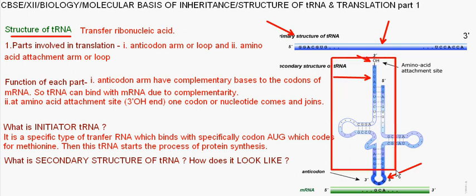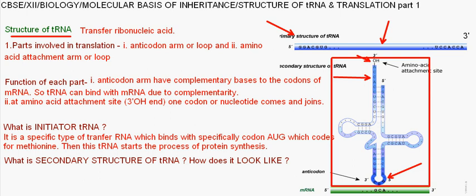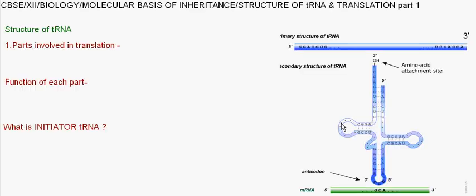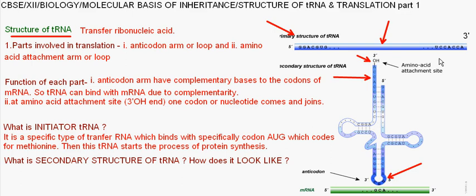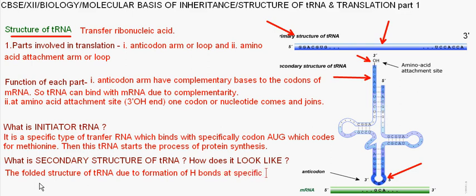So the folded structure of tRNA due to formation of hydrogen bonds at specific locations is called the secondary structure of tRNA.